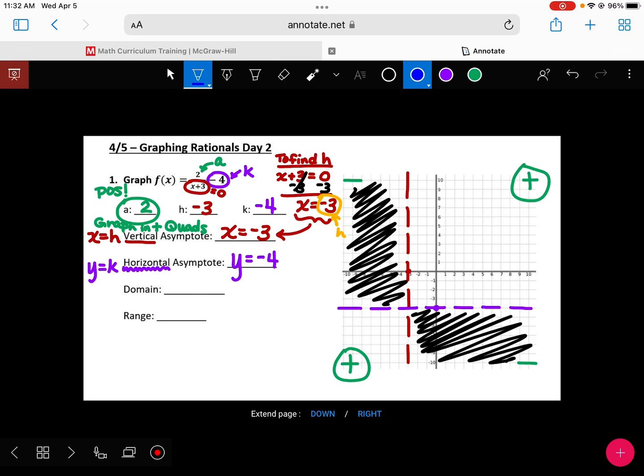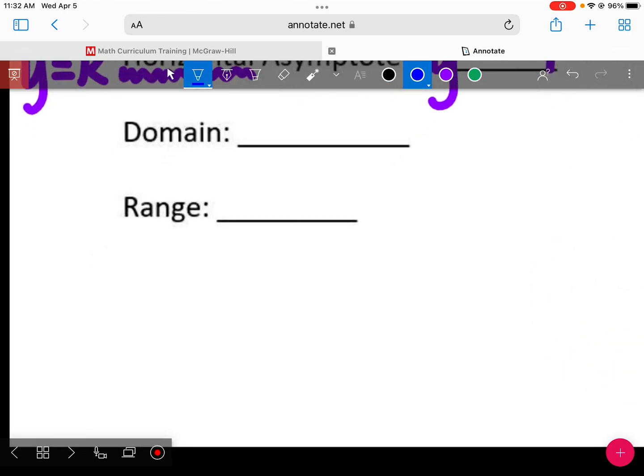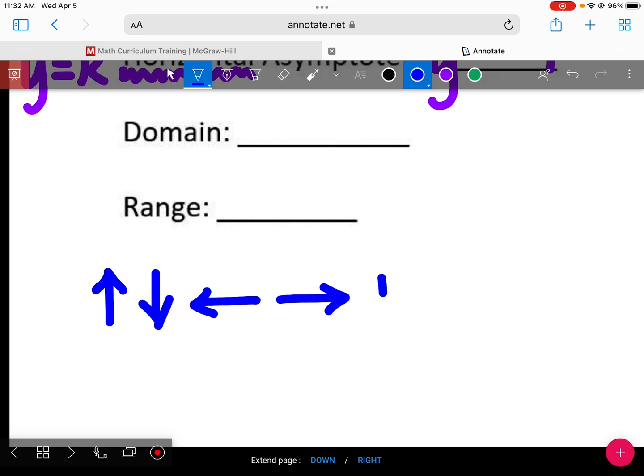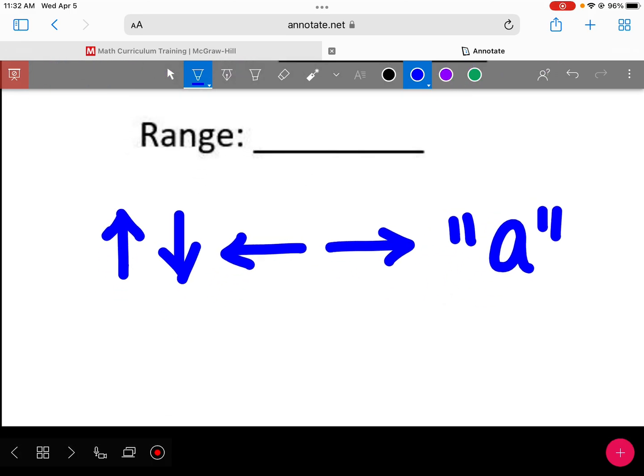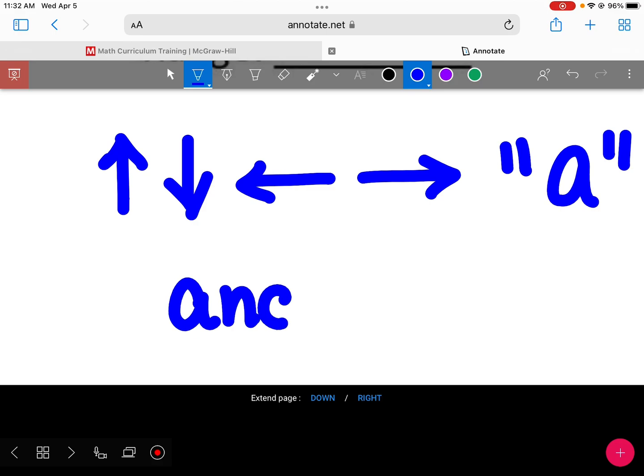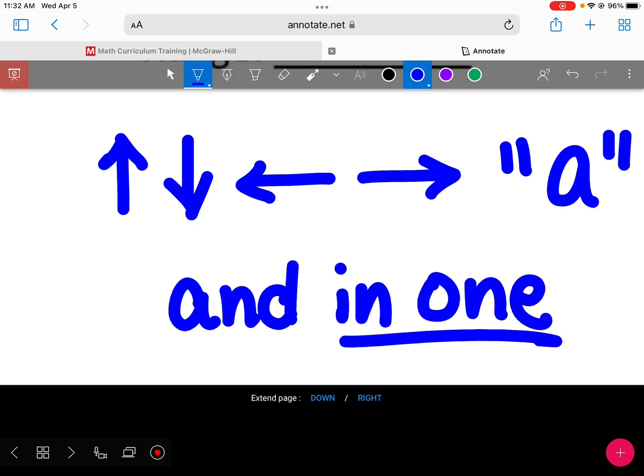All right. We got our vertical and horizontal asymptotes on there. We got our pluses and minuses. We know which quadrants we're in, and more importantly, which quadrants we're not in. To get our points, we're going to go up, down, left, and right, whatever our A value is, and in 1.